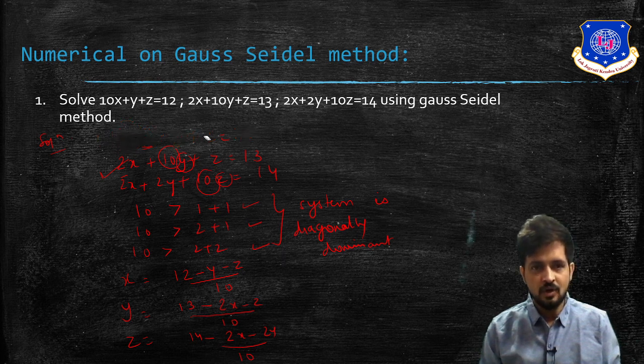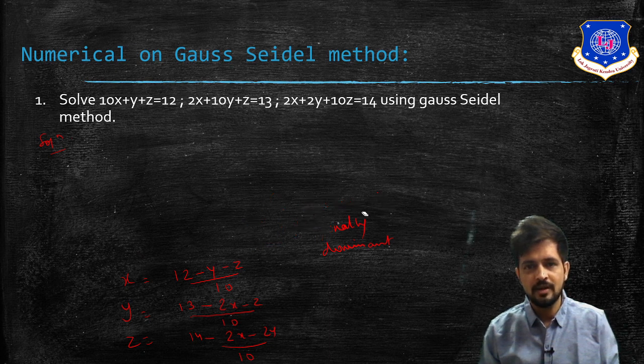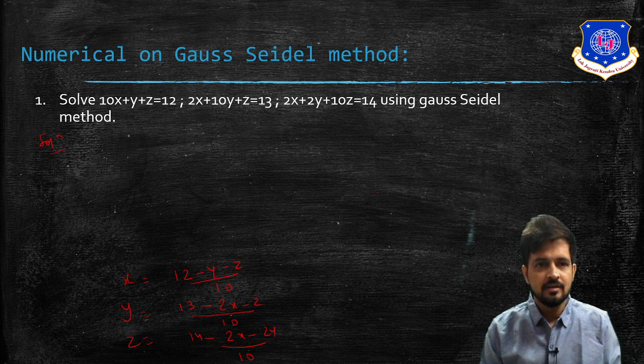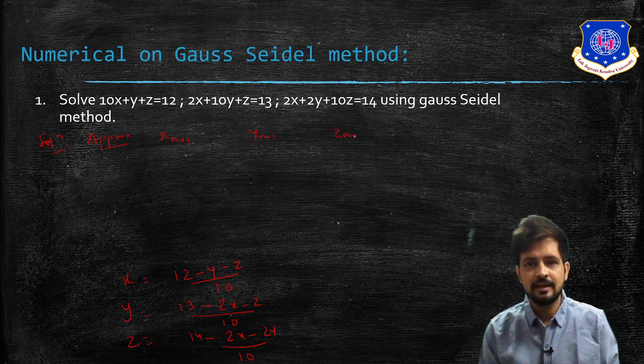As we know, in the Gauss-Seidel method successive replacement is used. In successive replacement, we are replacing the old value by the new value in the same iteration. So the next step is to make a table in which we will write first of all the approximation number, then x(n+1), y(n+1), and z(n+1).